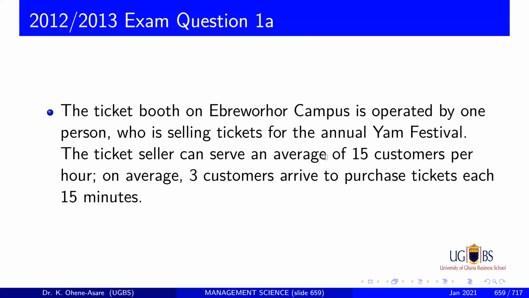Now listen carefully. Can serve 15 customers every 60 minutes. On average, 3 customers arrive to buy tickets every 15 minutes. So some of them are in hours, some of them are in minutes.